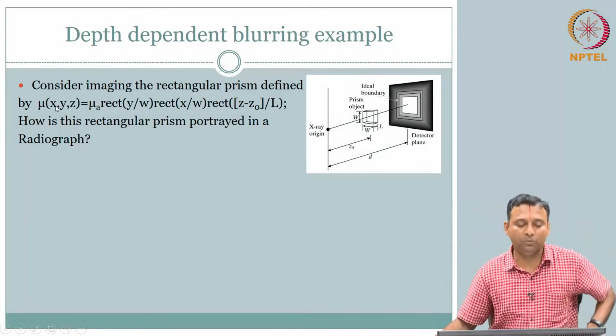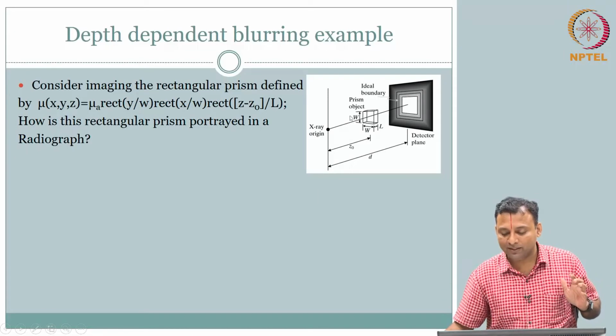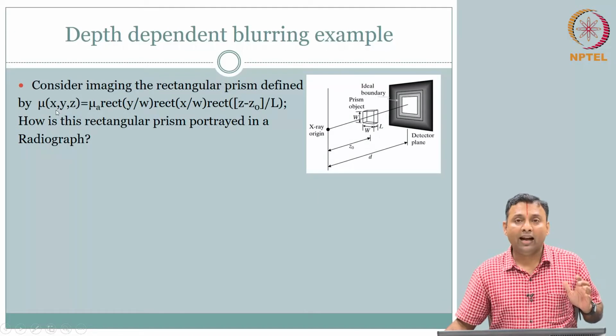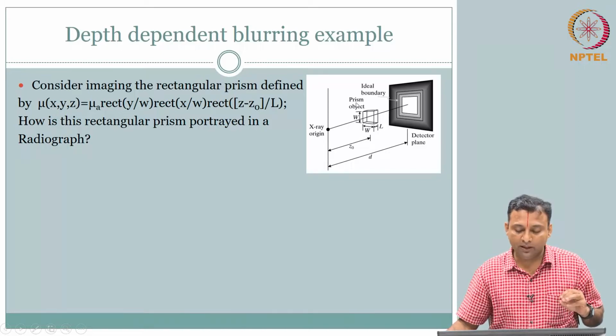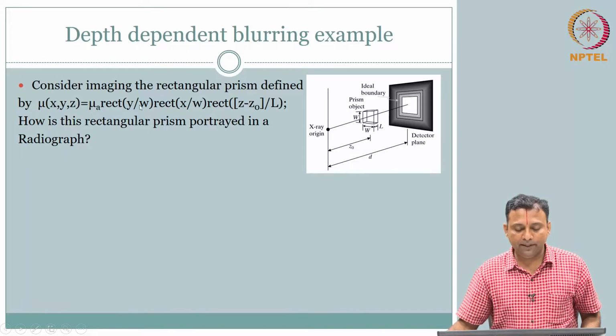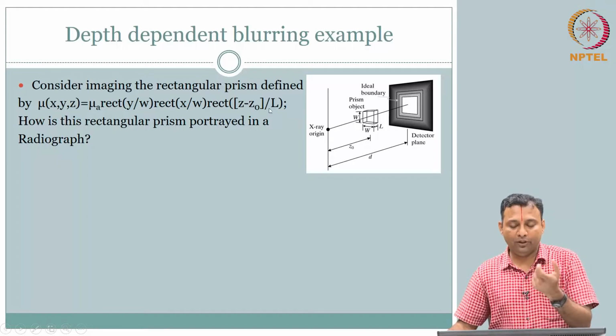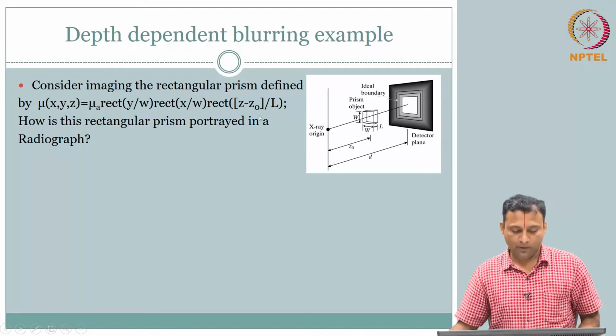So, it is a spatial distribution of mu. We are interested in the attenuation property distributed in this prismic format, defined by this boundary: width, height and depth, which is L.